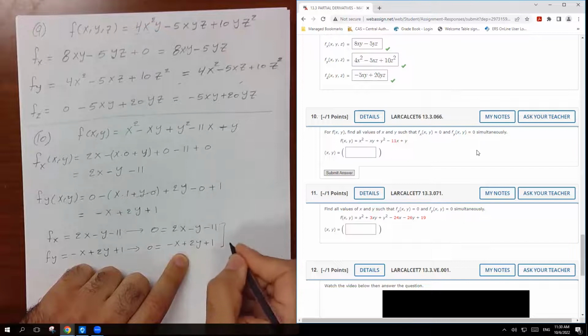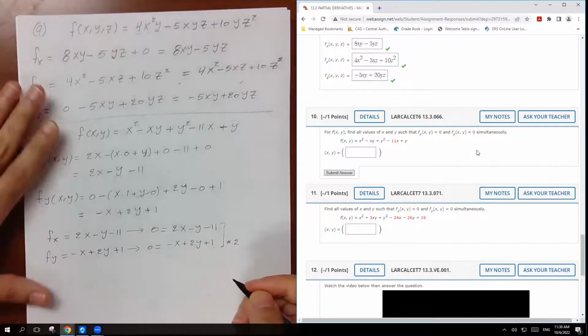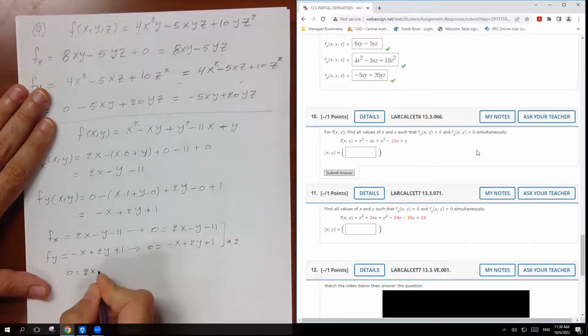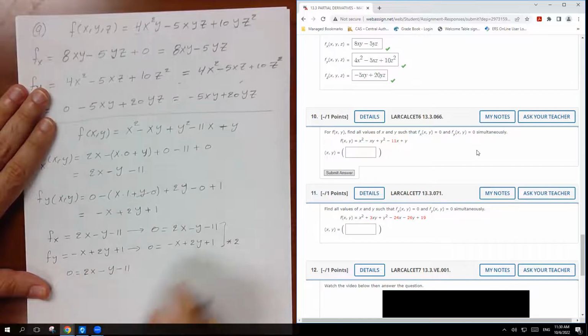I'm going to multiply this one by 2. So the first equation is going to be 0 equal 2x minus y minus 11. And the second one, 0 equal negative 2x plus 4y plus 2. Now, by elimination, this is canceled.